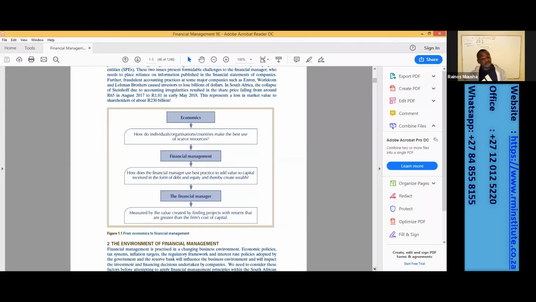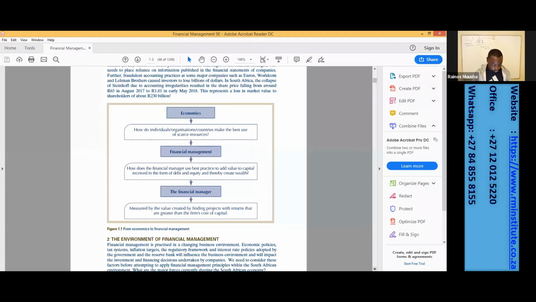That's why, when you look at the different capital budgeting models that we're going to be looking at, like the net present value method and the internal rate of return method, they are basically based on the economic principle that whatever decision you make, you must ensure that your benefits are more than your costs. Then if the benefits are more than your costs, it's considered to be a good economic decision as well.